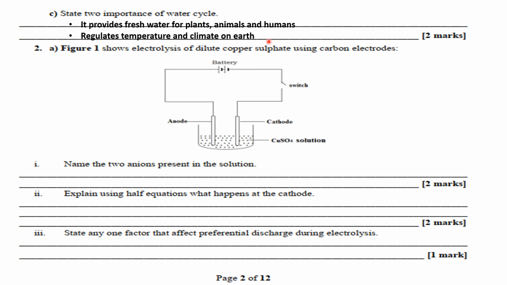Climate is the change in the weather patterns over long periods. So things like weather, rainwater, humidity, wind direction, and atmospheric pressure are regulated by the water cycle.